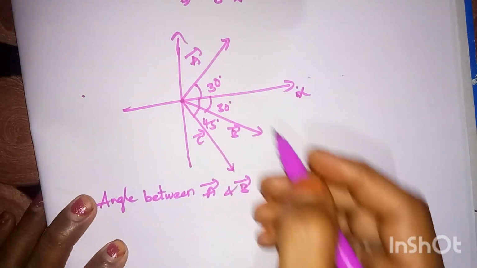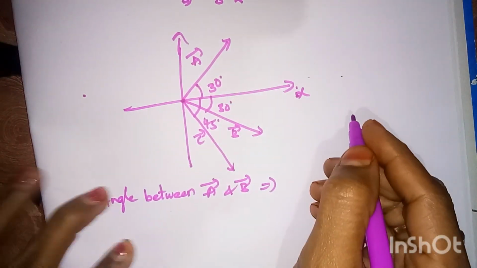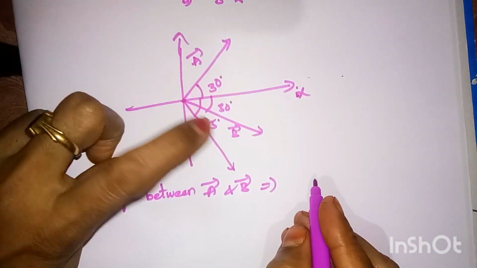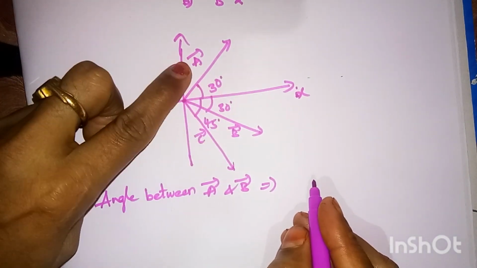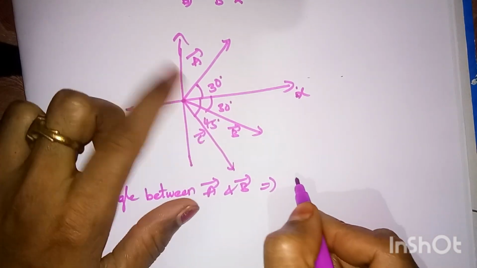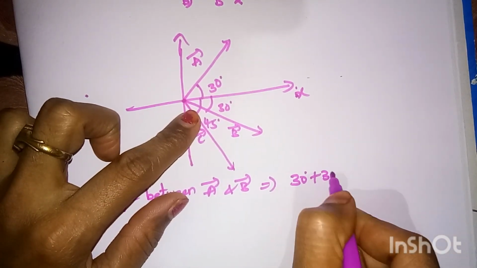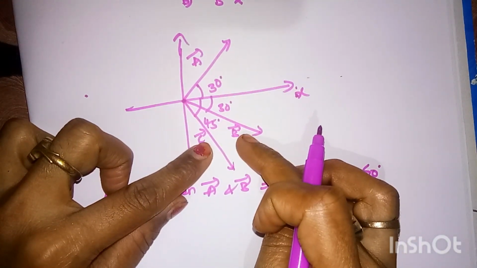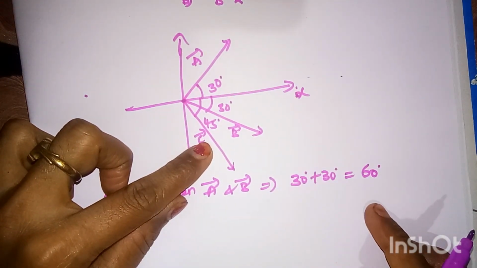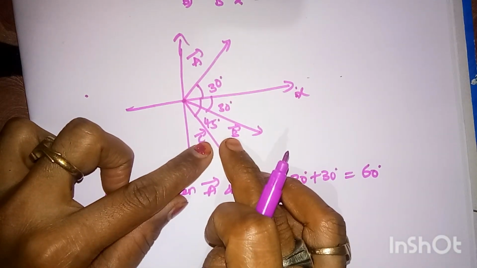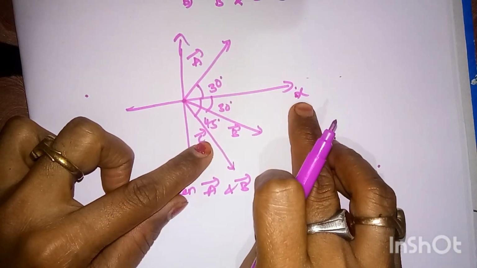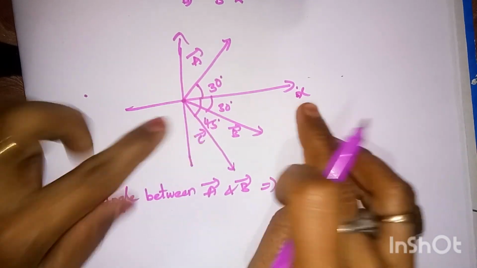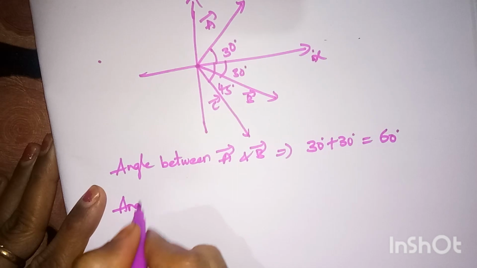How can you find it? By adding. From a to x is 30 degrees and x to b is 30 degrees. You want a and b, so add 30 plus 30 and you get 60 degrees. So the angle between a bar and b bar is 60. Why am I adding? Because the x-axis is common between a and b.